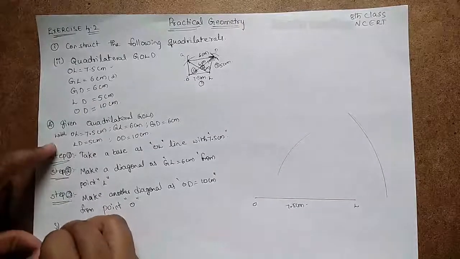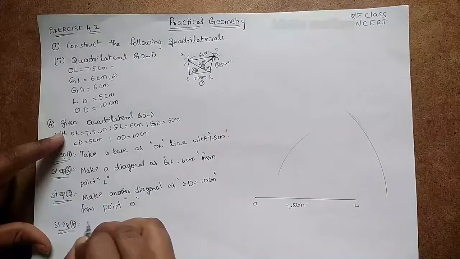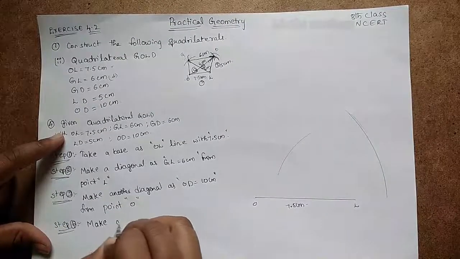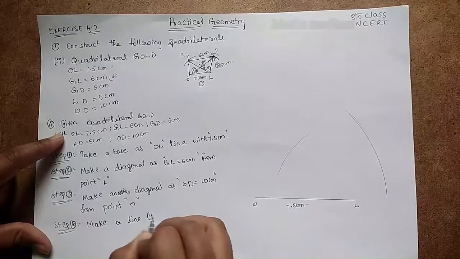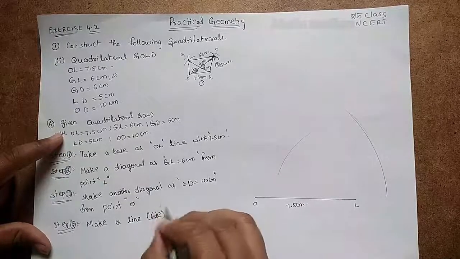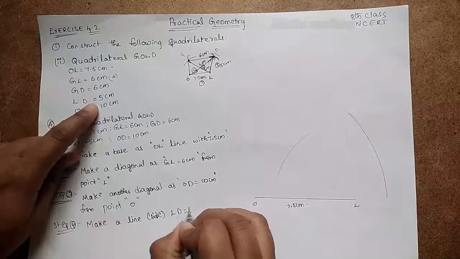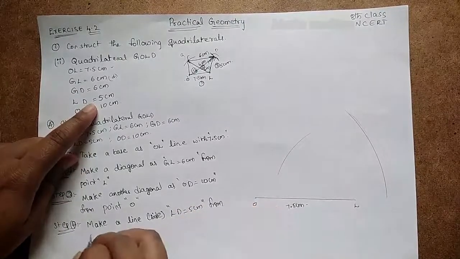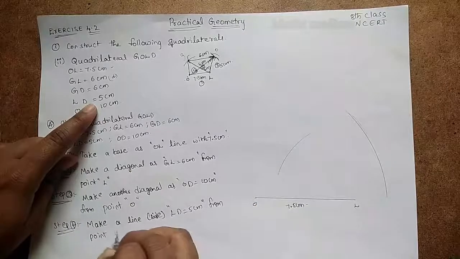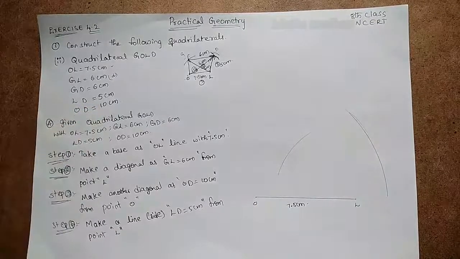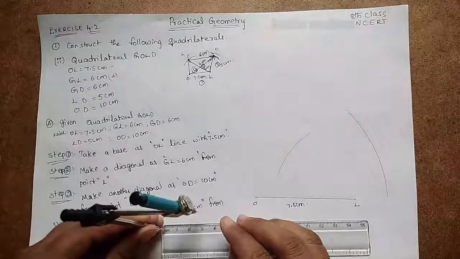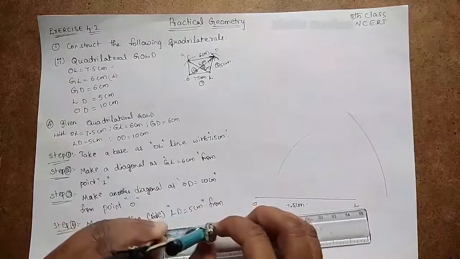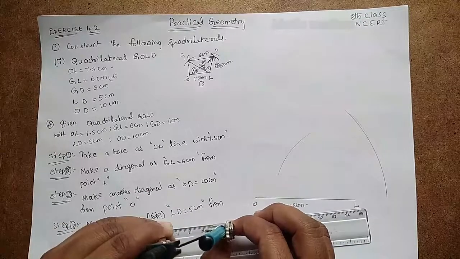So step 4, make a line, that is a side, side LD is equal to 5 centimeters from point L. So take the compass and scale and make 5 centimeters.